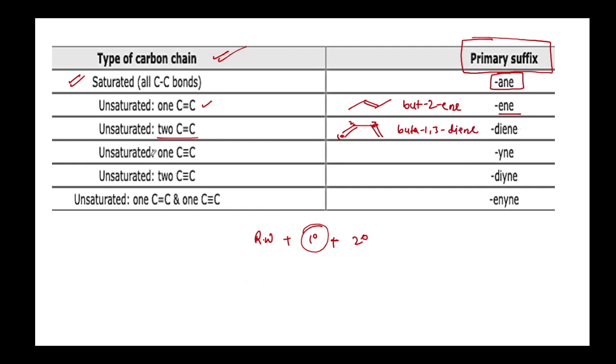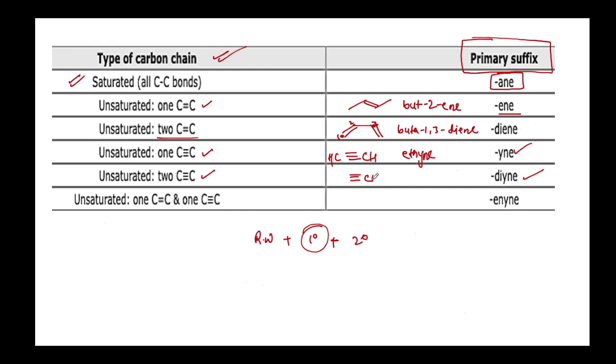Okay, then you have one carbon-carbon triple bond, you call it ine. For example, this is CH triple bond CH. This is going to be known as ethine because there are two carbons and a triple bond. And two triple bonds, it is going to be known as diyne. How is that possible?